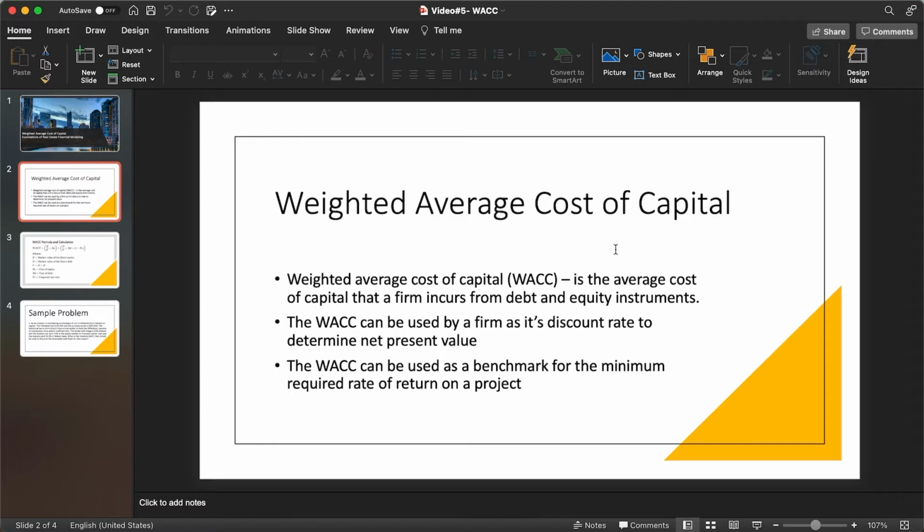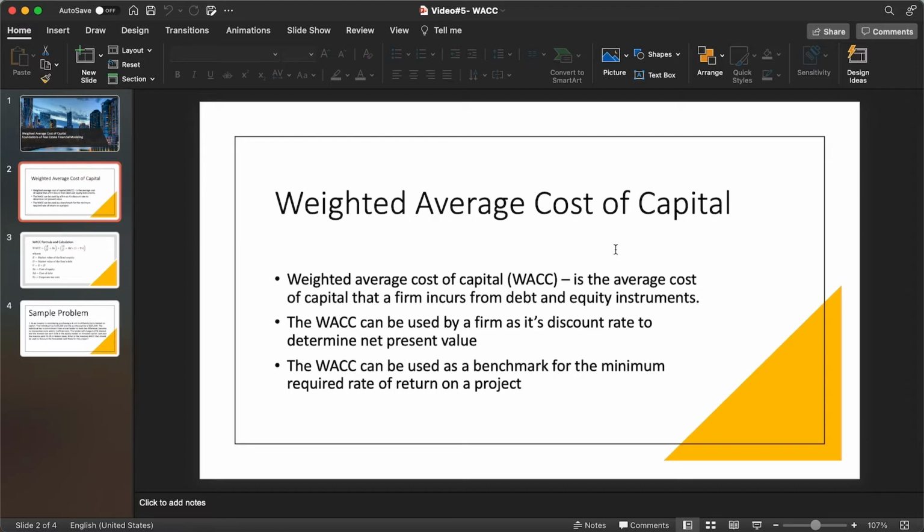The cost for debt would be the interest rate that a bank would charge you. If you're using your own equity, the cost would be the opportunity cost of taking that money and investing it somewhere else. Equity partners usually charge you an interest rate as well, just like a bank.